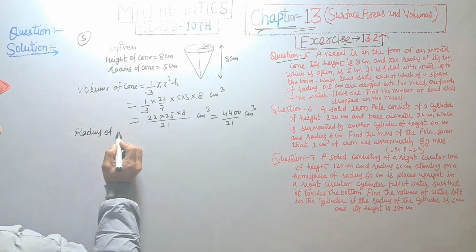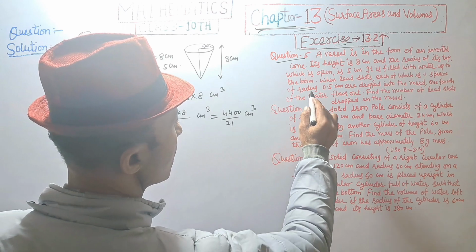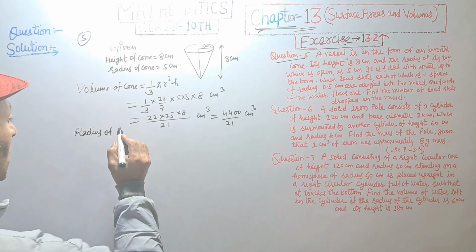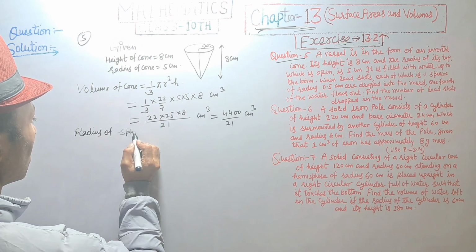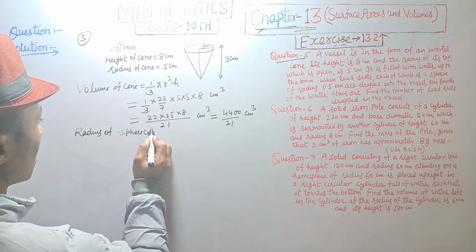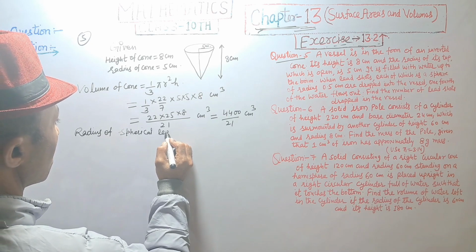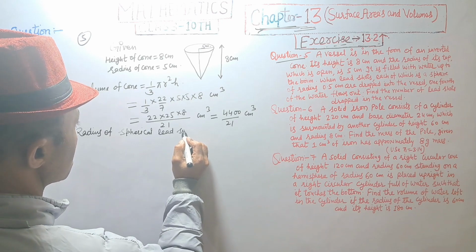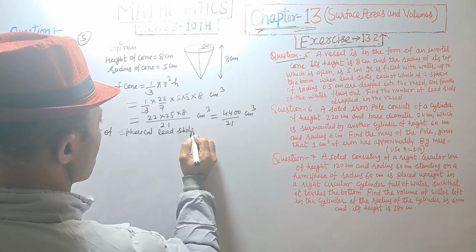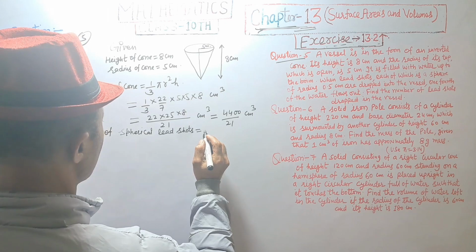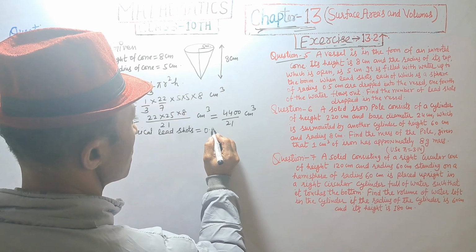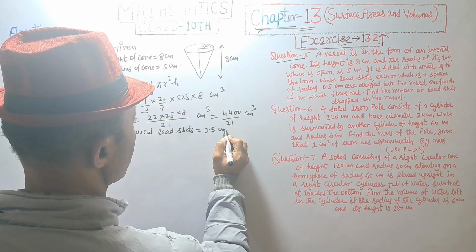Radius of spherical lead shots is equal to 0.5 centimeter.